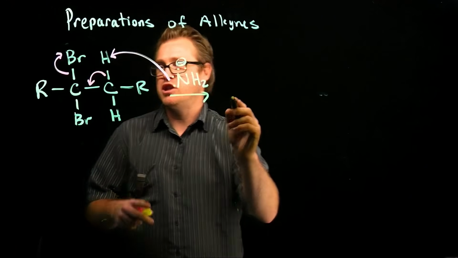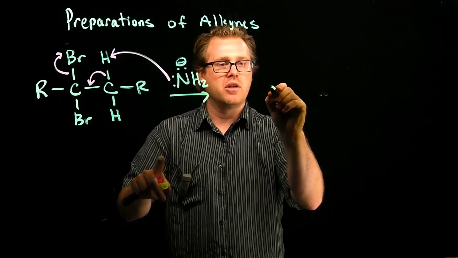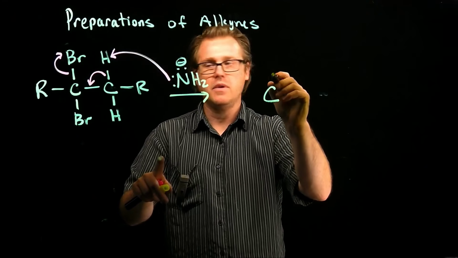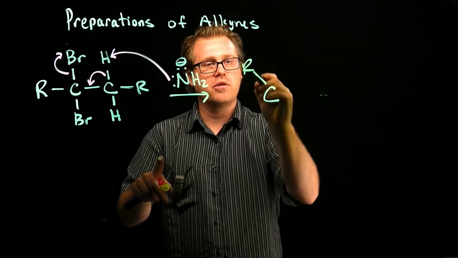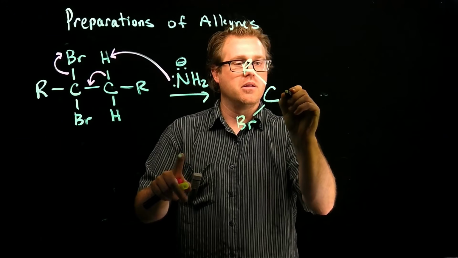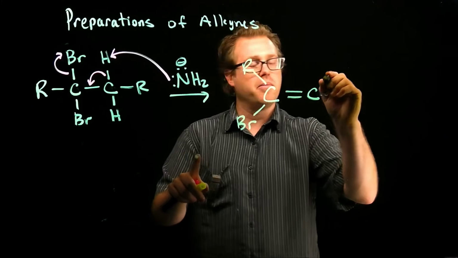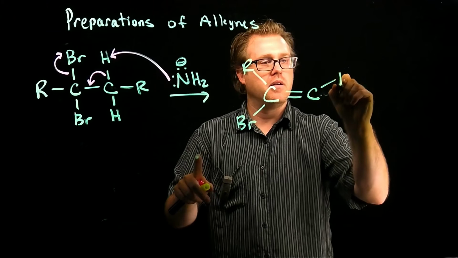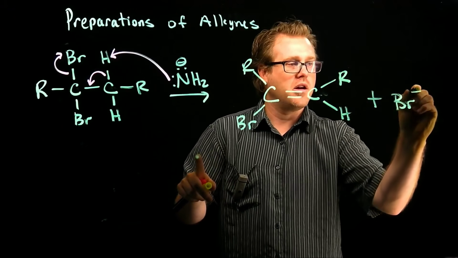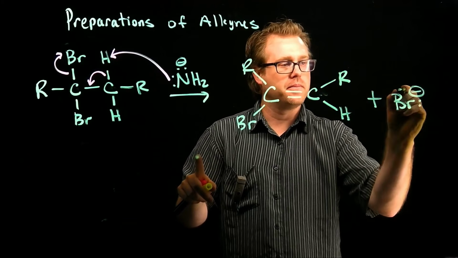So that's going to generate a carbon like this. And we'll have our R group, our Br, double bond C, R, H plus our bromide. Okay?